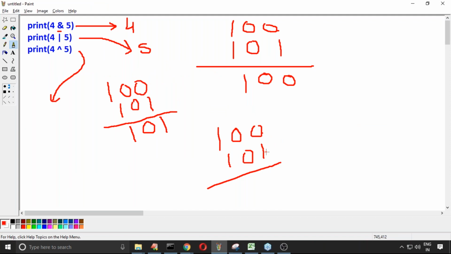Here 0 and 1 are different, so 1. 0 and 0 is 0. 1 and 1 is 0. So the answer is 001, which means 1 itself is the answer. Clear, right? I hope you are able to understand clearly. Take very special care about this terminology. Any doubt about this? Please confirm.